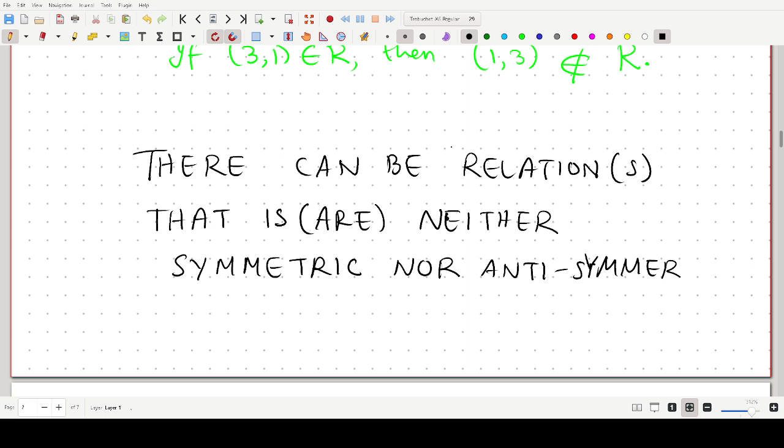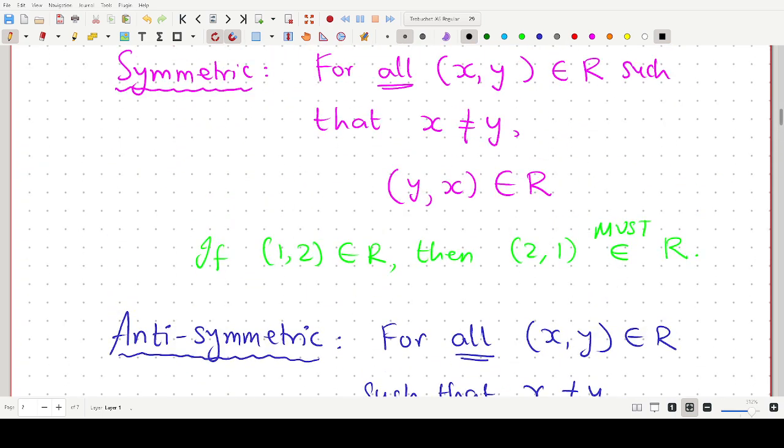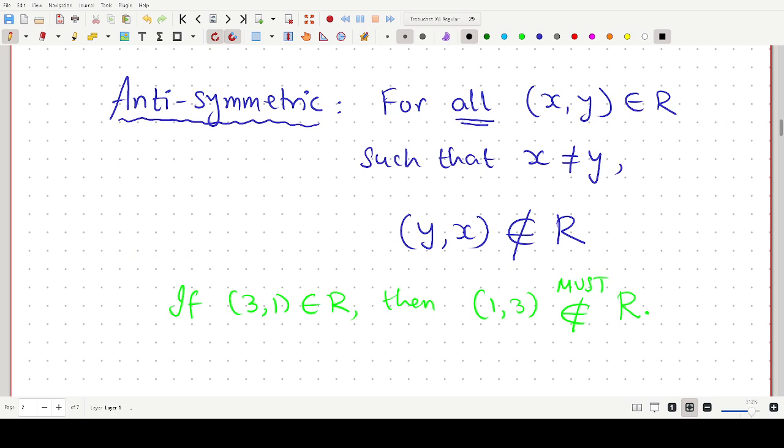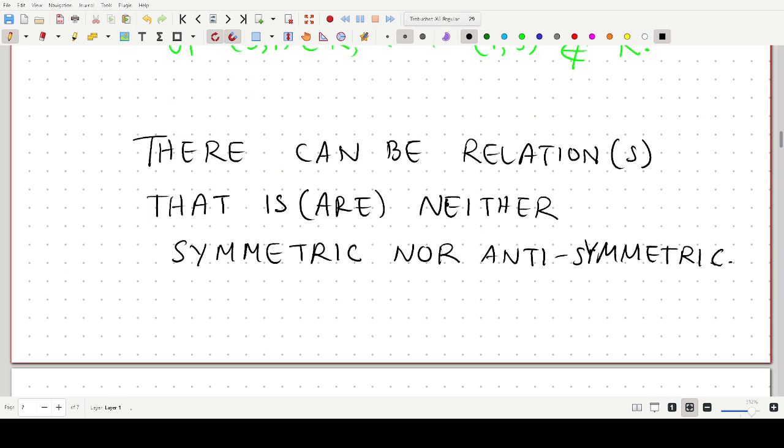Right? So we have got two definitions. Symmetric means that if x comma y belongs to R, then y comma x will also belong to R. Whereas antisymmetric says that if x comma y belongs to R, then y comma x will not belong to R. But there can be relations in which for some x comma y, y comma x is there, and for some other p comma q, q comma p is not there, right?